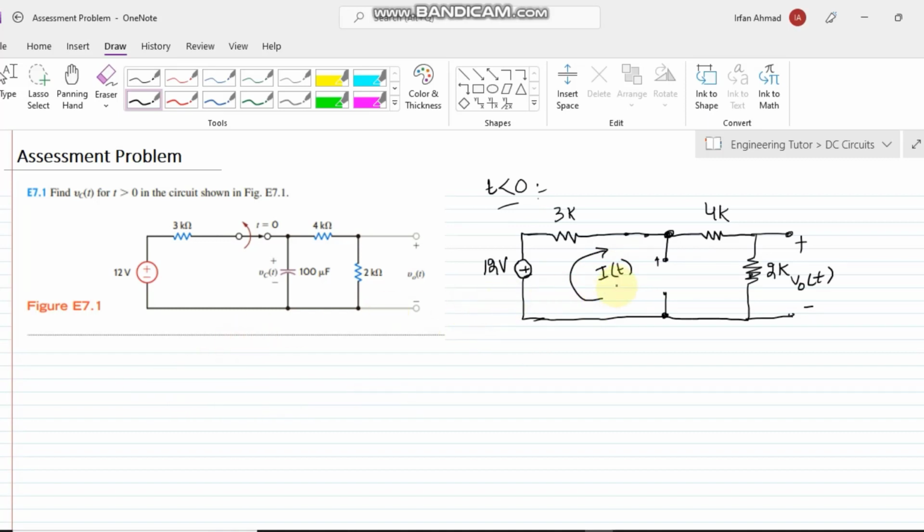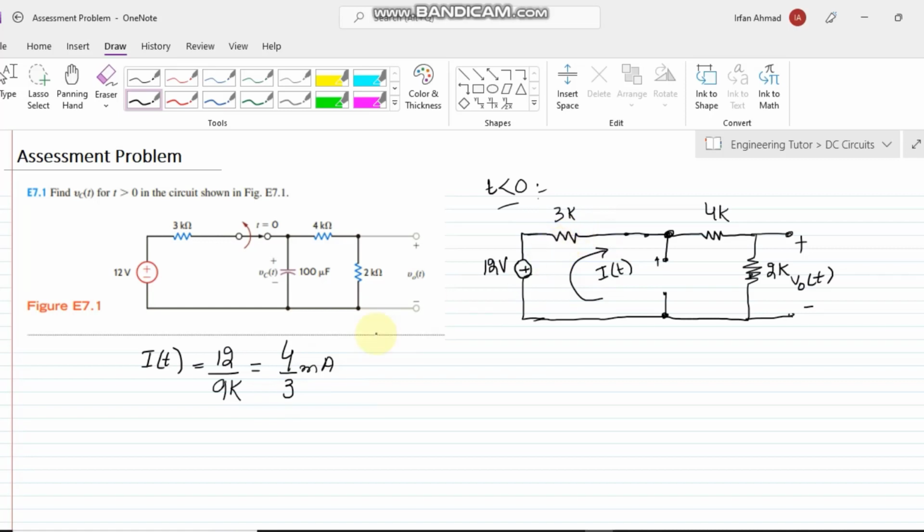I of t is equal to the voltage divided by the sum of all the resistors, which are 3 plus 4 plus 2, that is 9 kilo ohm. So 12 divided by 9 is 4 by 3 milliamps. Okay, so that is the current here.